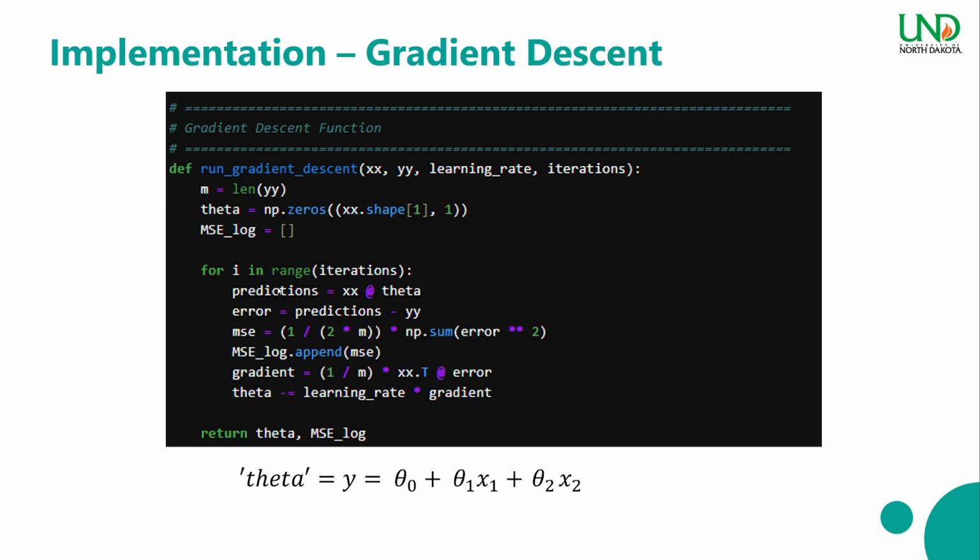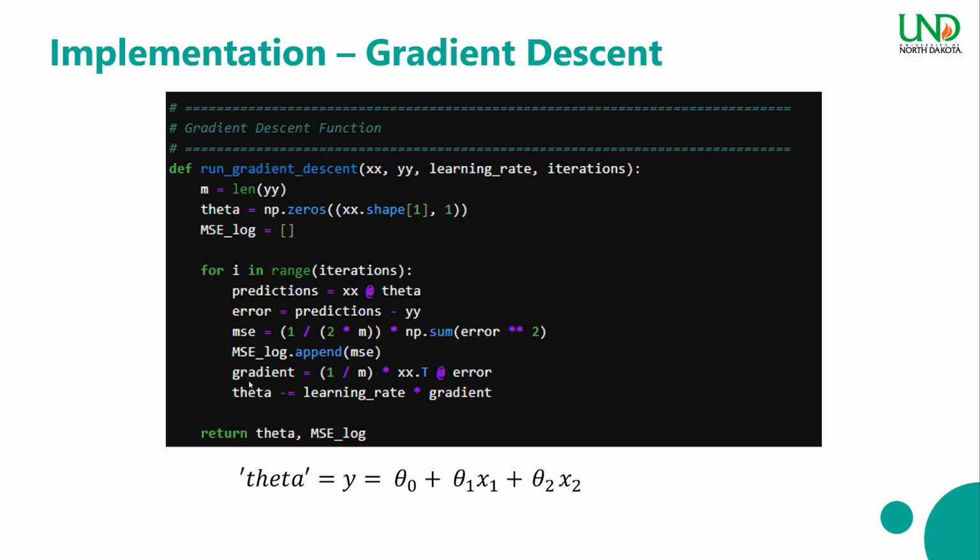That builds our predictions, and then we set the error, which is the predictions minus the YY value at the same point in the matrix, and that builds a matrix of errors. And then we have the MSE, which is our error squared essentially, and then we add it to our log so we can file it later.